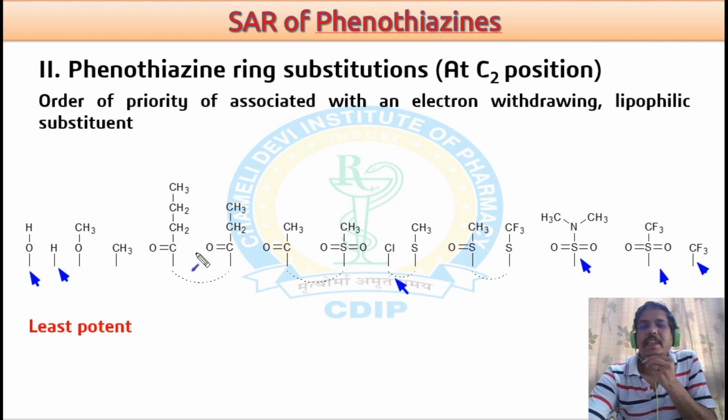So this is the sequence or the pattern which affects the activity. So CF3 is the most potent, while hydrogen or hydroxy is least potent, and chlorine and the thiomethyl segment lies in between.